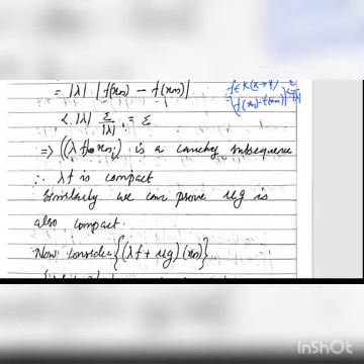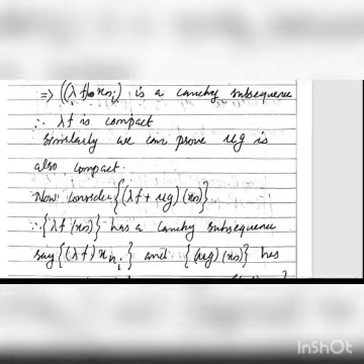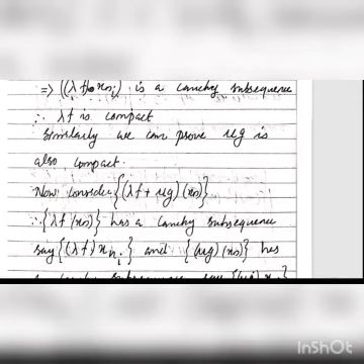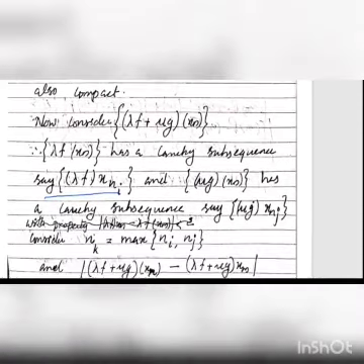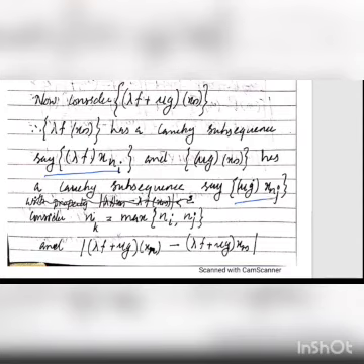Now consider lambda f plus mu g of xn. Since lambda f of xn has a Cauchy subsequence, take that Cauchy subsequence, and again mu g of xn has a Cauchy subsequence, say mu g of xnj. This is xni and this is xnj.